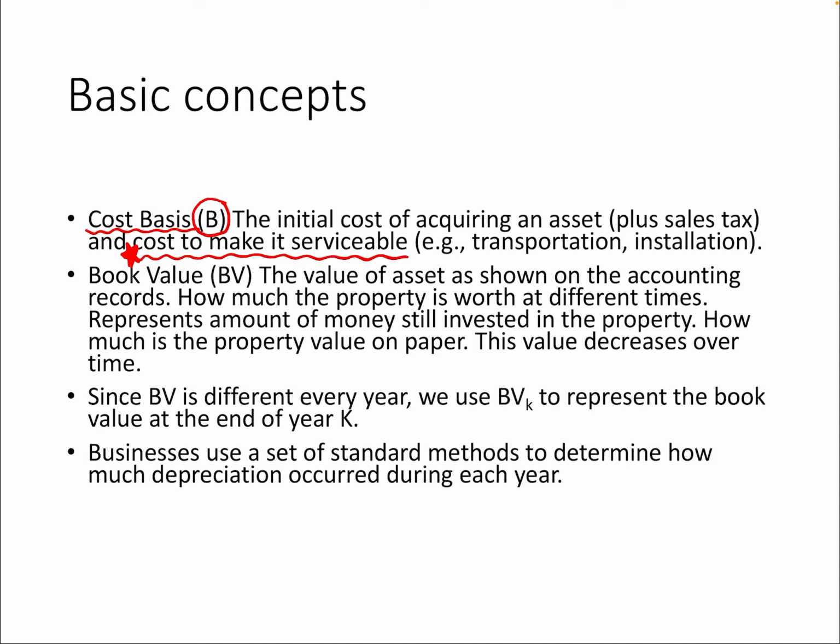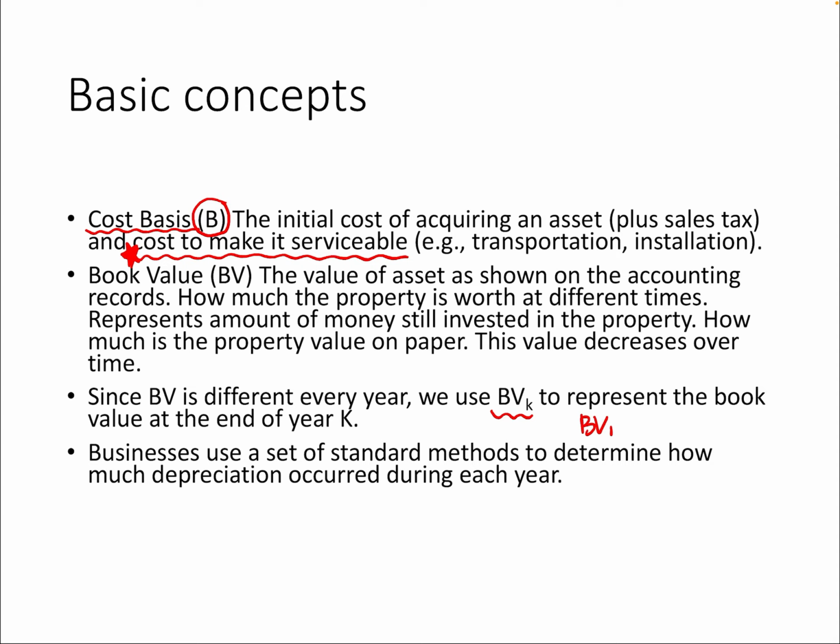Since the BV is different every year, we use BVk to represent the book value at the end of year k. So you will be asked, like, what is the book value at the end of the first year, or what is the book value at the end of the sixth year? The book value at the end of the first year will be BV1, right?